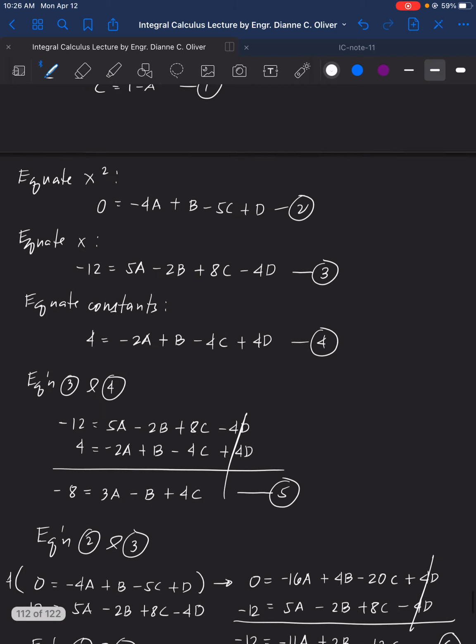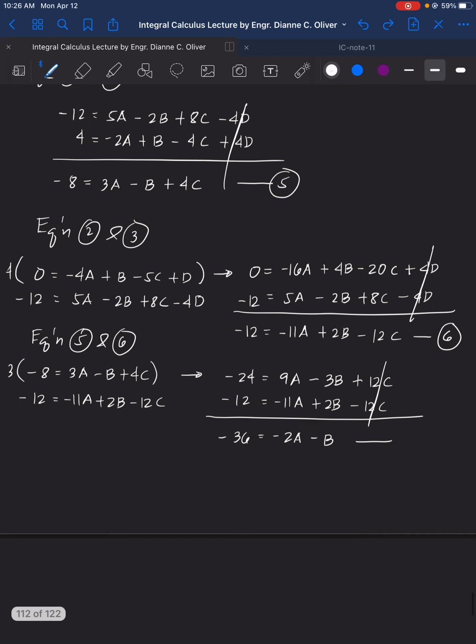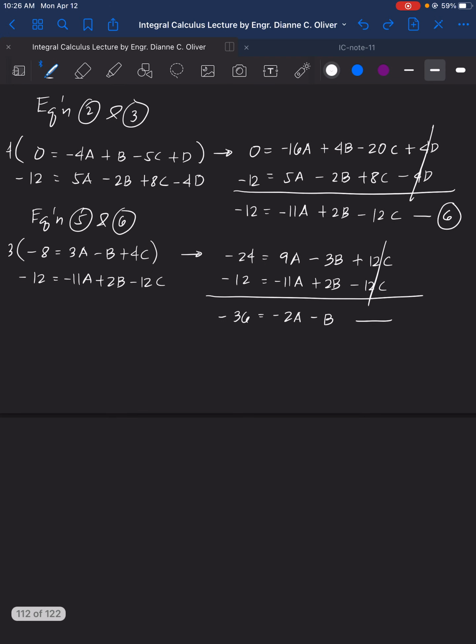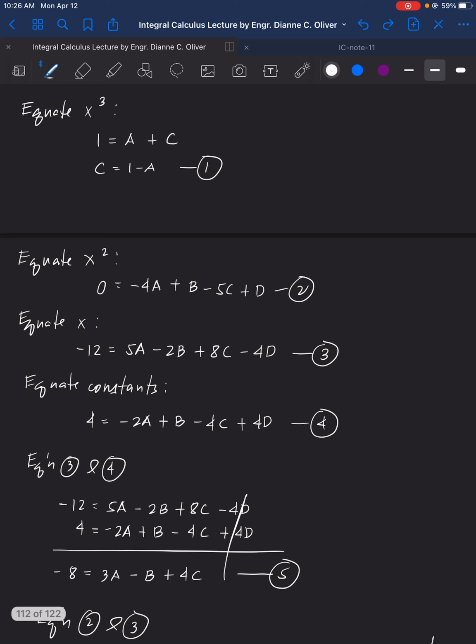But since we already have an equation here with two unknowns, C and A, might as well use that one, right? So we will use equation 1 for finding the value of A. What we need to do in equation 5 and 6 is not eliminate C, rather we need to eliminate B, because the unknowns for equation 1 are A and C.